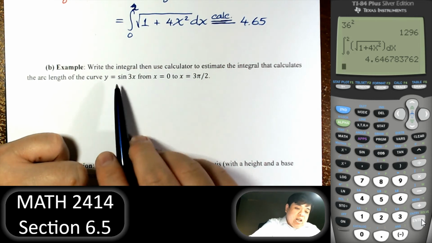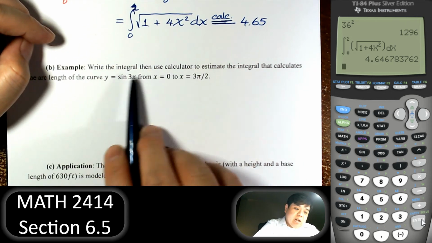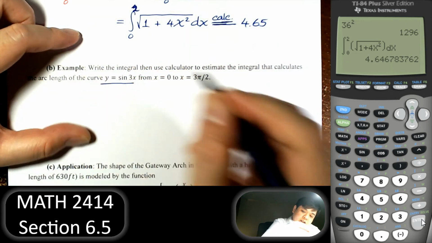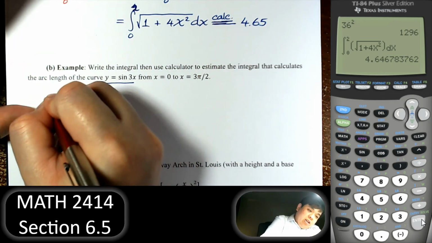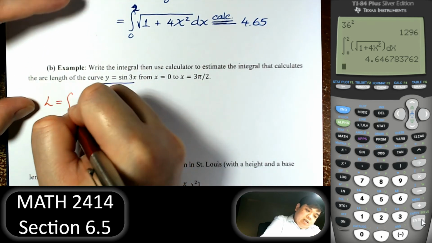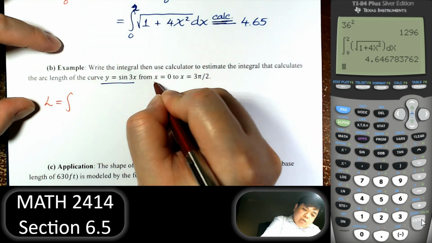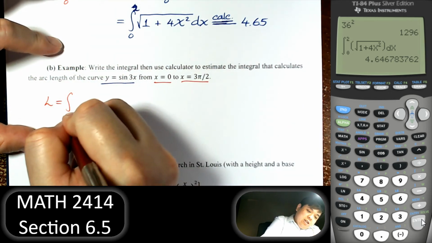Next, write the integral and then use the calculator to estimate this. So we have the function and the arc length, the length of the curve. We have from 0 to 3/2.